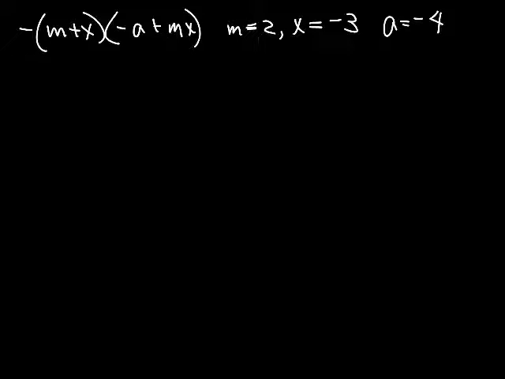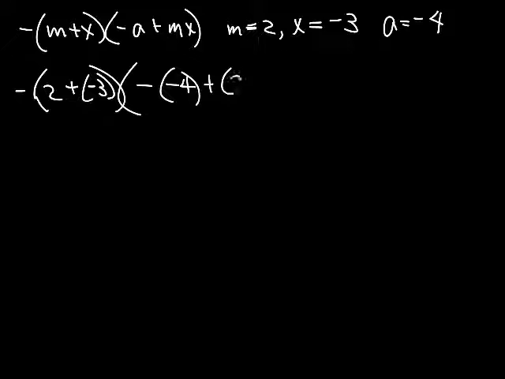So let's plug things in. Negative m is 2 plus negative 3. And then we've got a negative, and a is negative 4. M is 2. X is negative 3. Okay, so again, notice this negative here is right here. The a is negative 4.